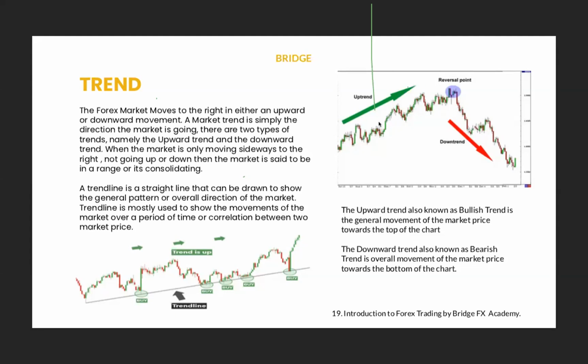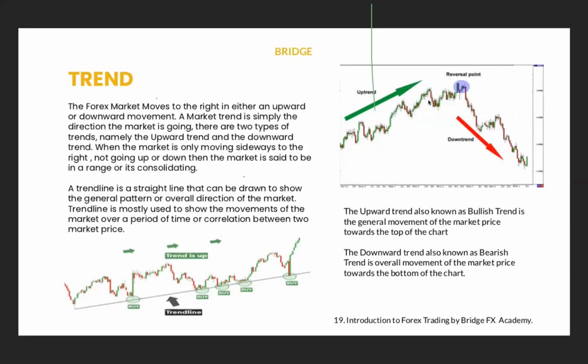This image right here on the right, you can see, even though there were up and down zigzag movements, overall, if you are asked what direction this market is going towards, you can see that it keeps going up, starting from this level, getting to this point, and you can see this place marked as reversal point. You can see this place.